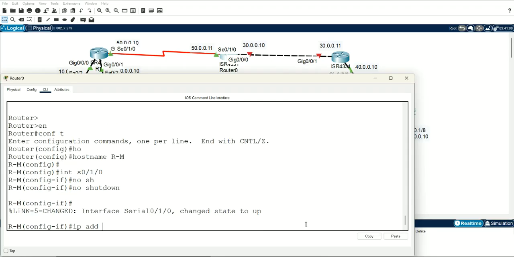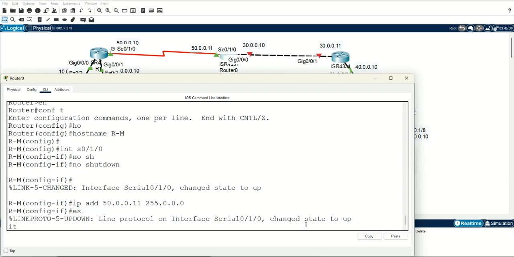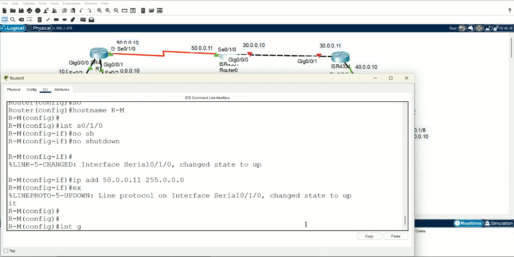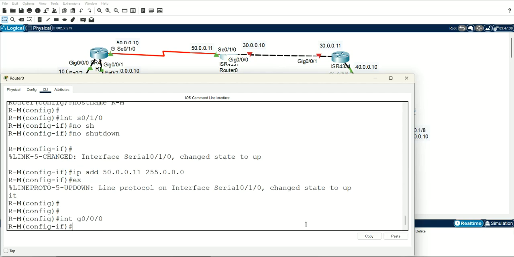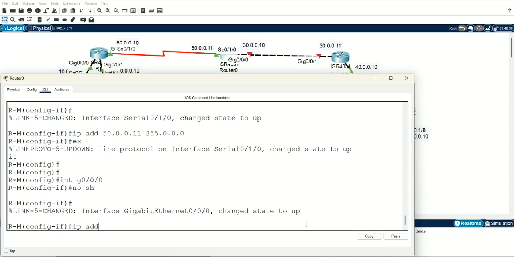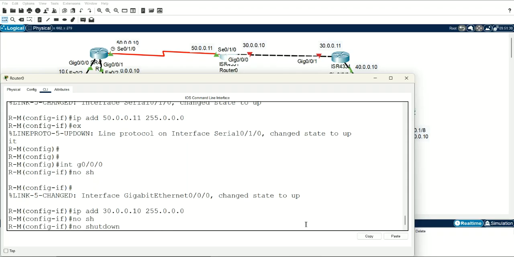Now the IP address is 50.0.0.11. Then, and also on the interface G0/0/0, I say 30.0.0.10. Yeah, done.